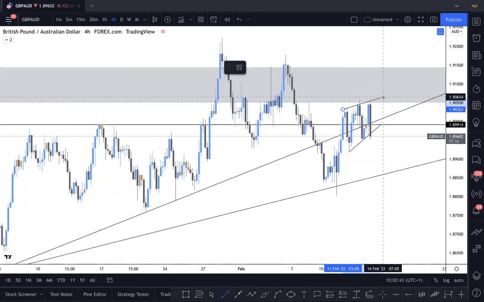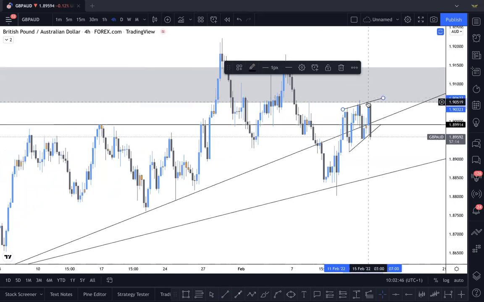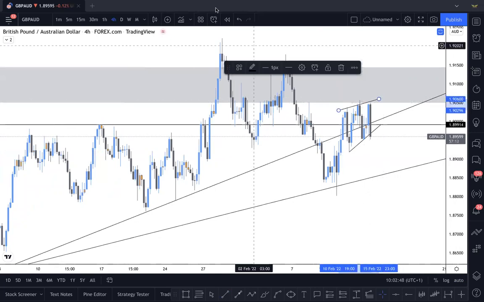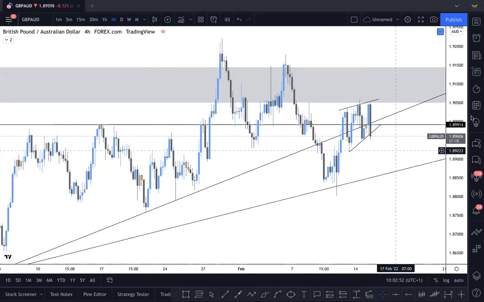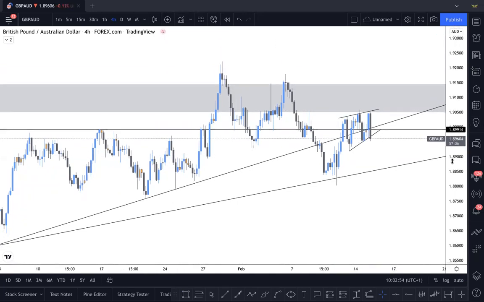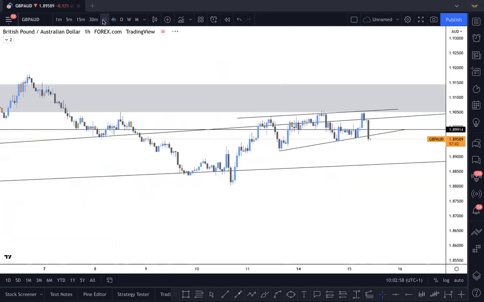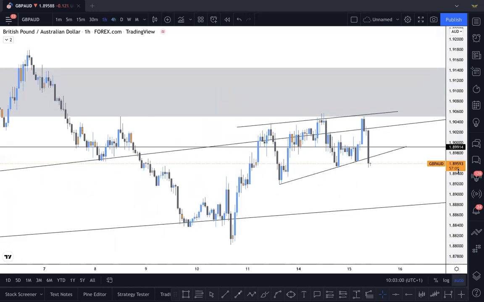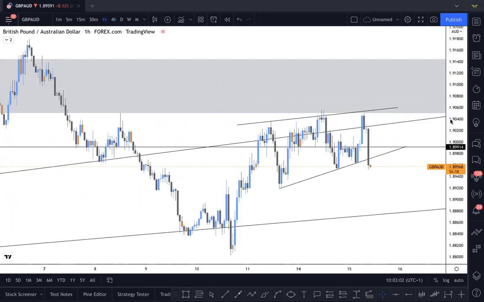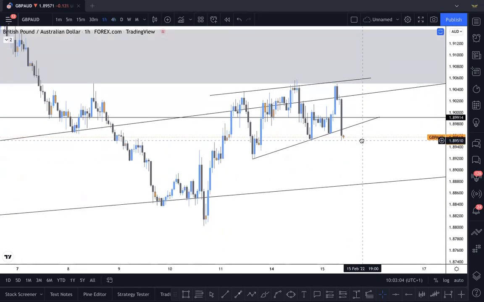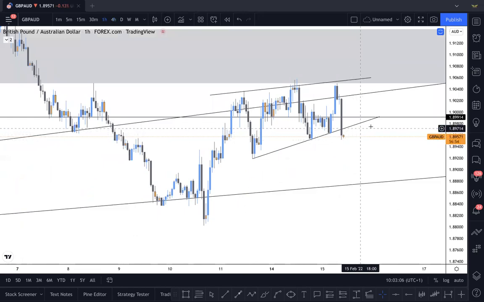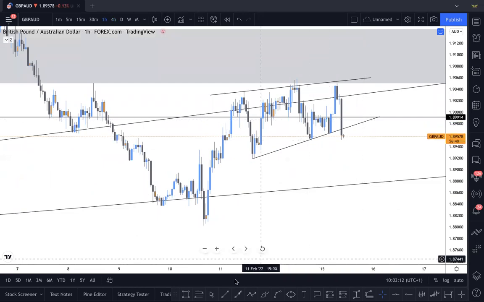Looking at this consolidation zone, we want to stay out of that zone. So we can go down to 1 hour, you can see it has actually been broken. So we are just going to wait for a new lower high to take a trade.